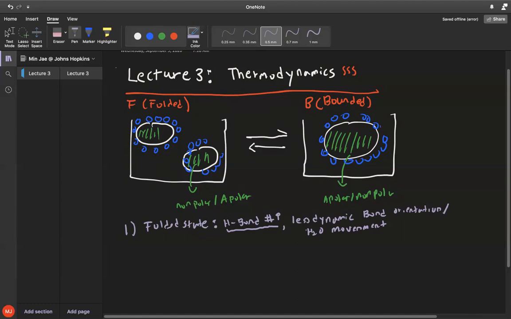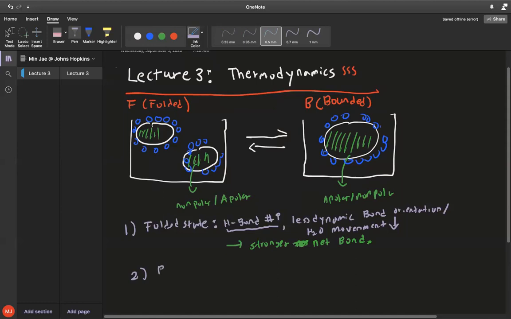So it is less dynamic, and the bond orientation is pretty stagnant. Also, there's a decrease in H2O movement, which in turn means they have a stronger net bond.